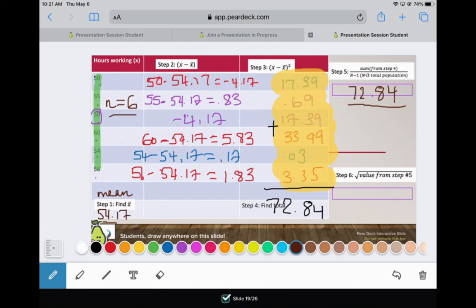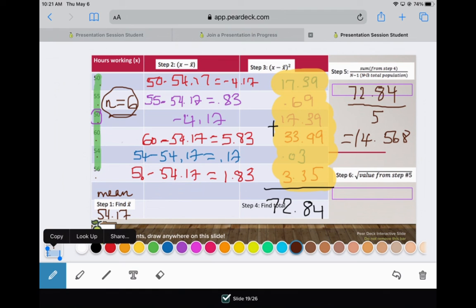So if my n is 6, I have to minus 1. I'm going to divide by 5, yes. So be very careful. For the population one, you don't have to minus 1, but this is sample standard deviation, so you're going to minus 1. I have 6 numbers, so it's going to be 1 less. So I divide by 5, and that gives me 14.568.